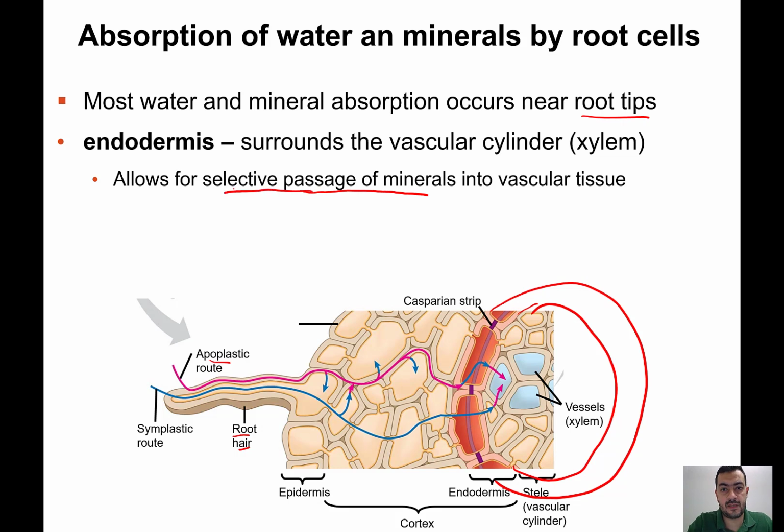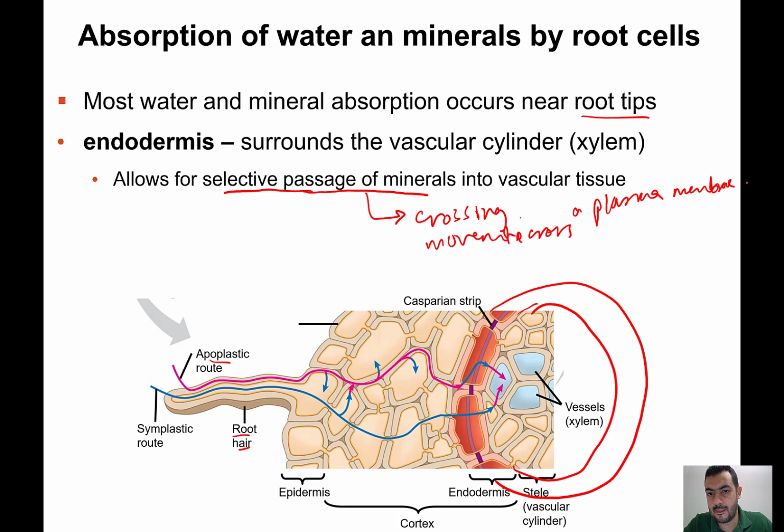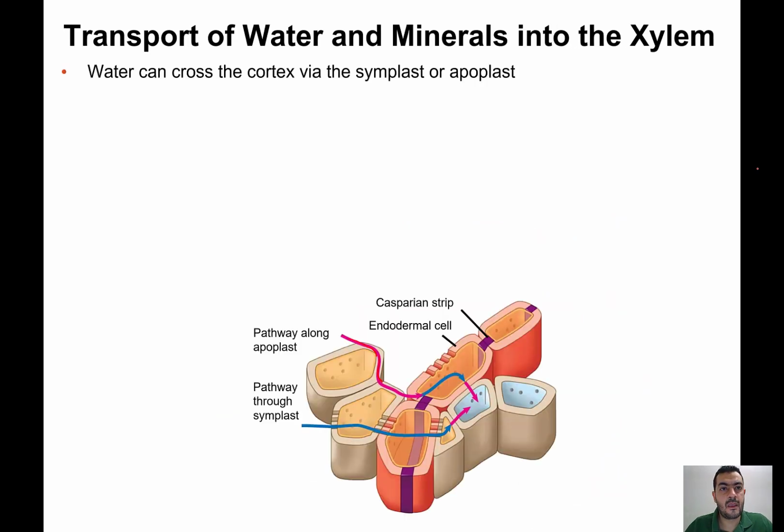So selective passage means crossing or movement across a plasma membrane. So as you can see, the apoplastic pathway does not allow this.